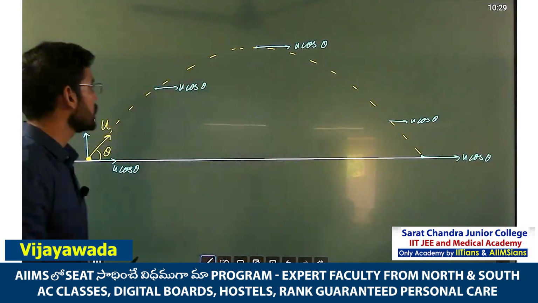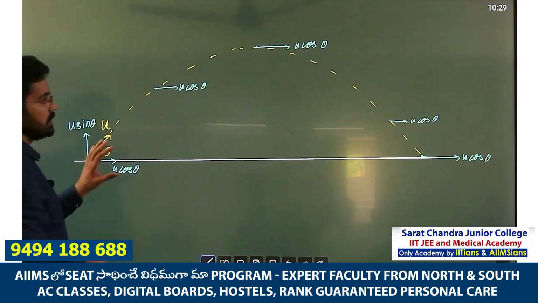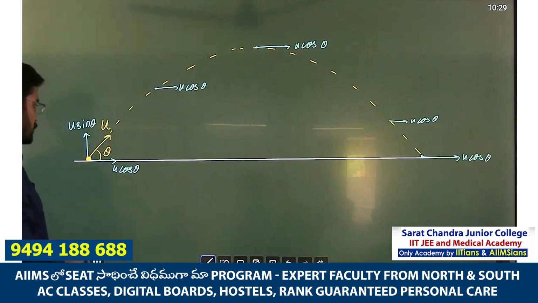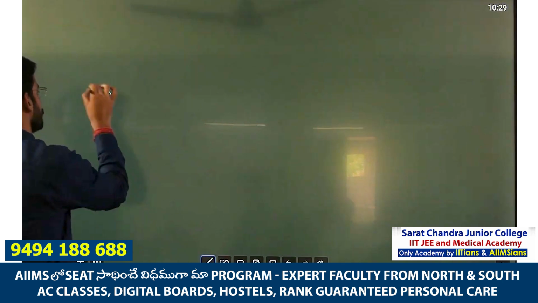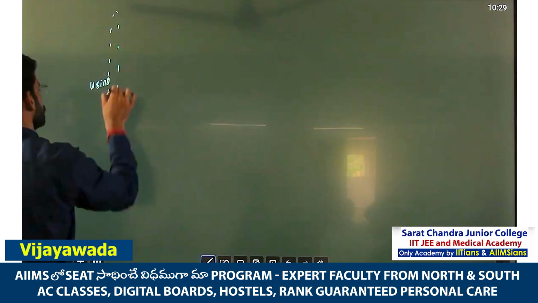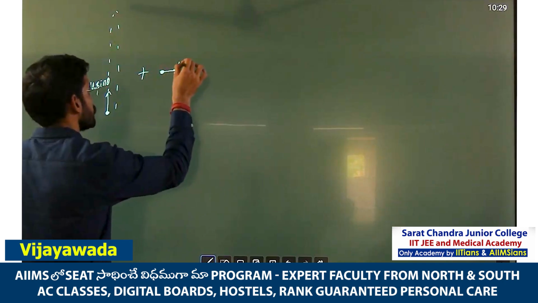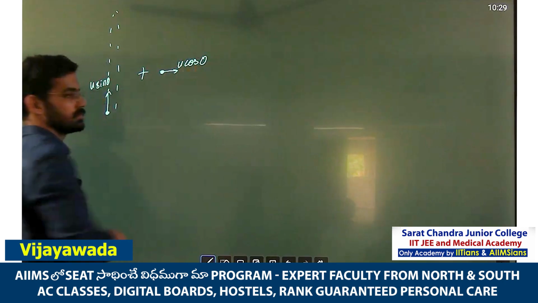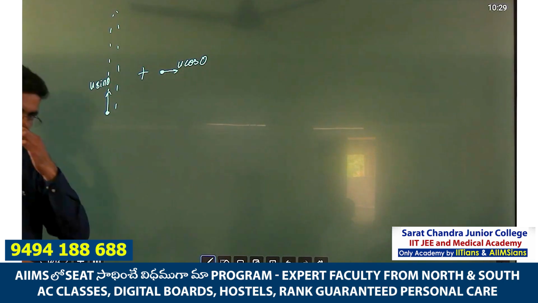No problem. In the y direction, like we say, this particular projectile is a combination of two motions. A particle projected this side with u sin theta speed will go up and come down, plus a particle projected this side with u cos theta going with constant velocity. So this particular projectile is a combination of these two.